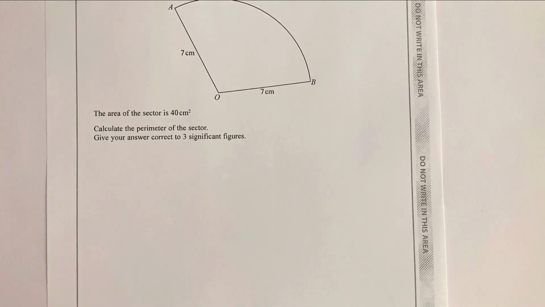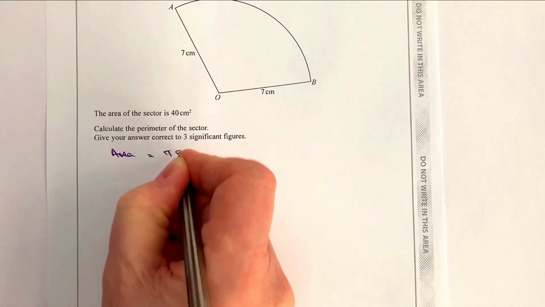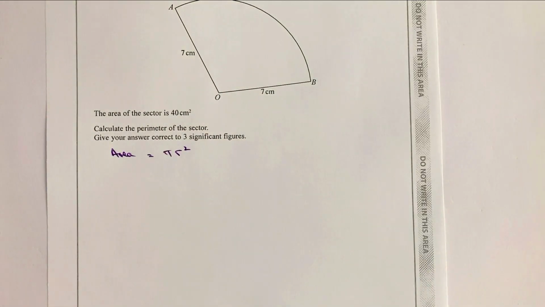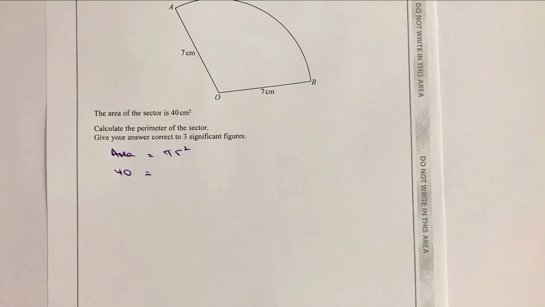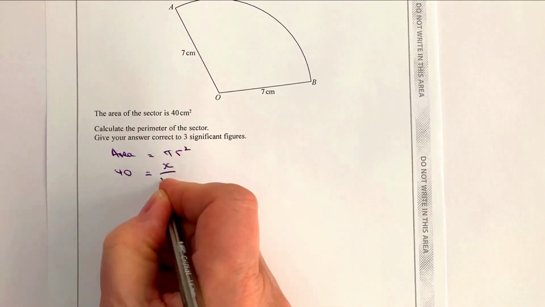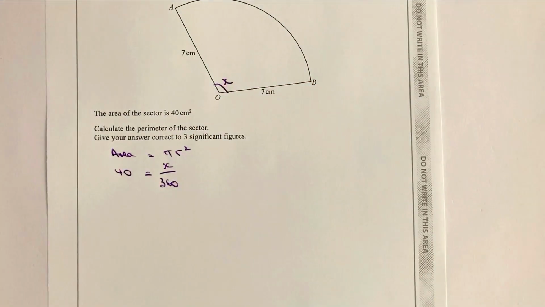Well, to work out the area of a circle, we're looking at pi r squared. So in this particular case, we've got the area as 40, but it's not a whole circle. It's actually something out of 360, and this something is going to be the angle of the sector itself.